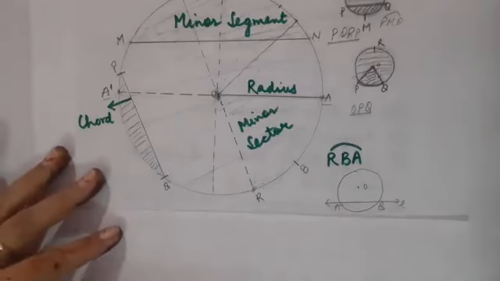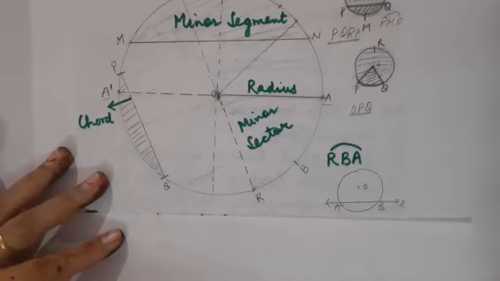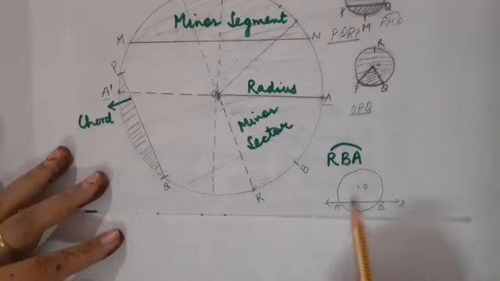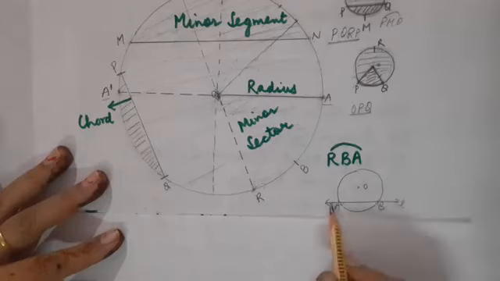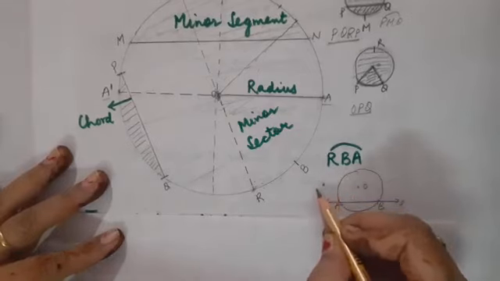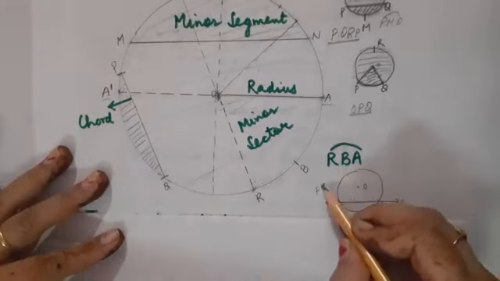Now the next definition is of secant, that I have already explained to you earlier. Secant is nothing but a line which intersects the circle at 2 points. Children, you can see that this is a line L which is going to intersect the circle at 2 points. Correct? So this line L will be known as secant of the circle. But for example, what do you mean by tangent?